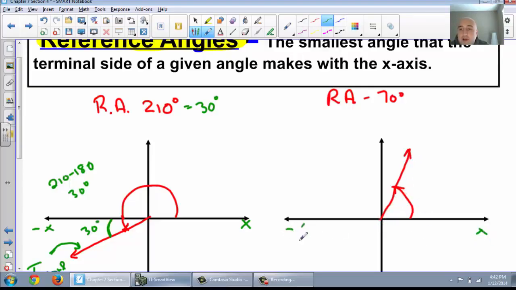Well, which one am I nearest to, the positive x-axis or the negative x-axis? I'm closest to the positive one. What is the reference angle of 70 degrees? How far is that line from the x-axis? Well, if you're in the first quadrant, the reference angle is just whatever the angle is. So the reference angle of 70 degrees is 70 degrees.